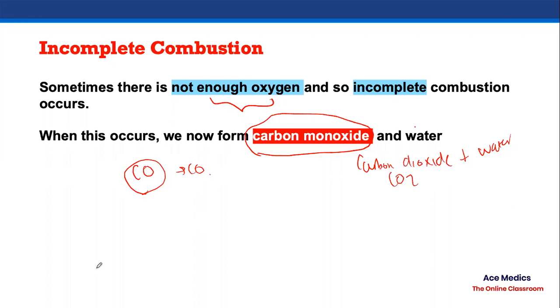Right, let me try and write out the word equation, and then we can try and figure out the chemical equation, which is harder to figure out, I'm not going to lie to you. So methane plus oxygen, but oxygen, remember, we don't have plentiful.